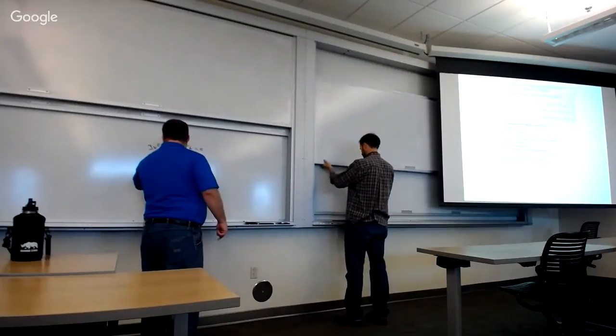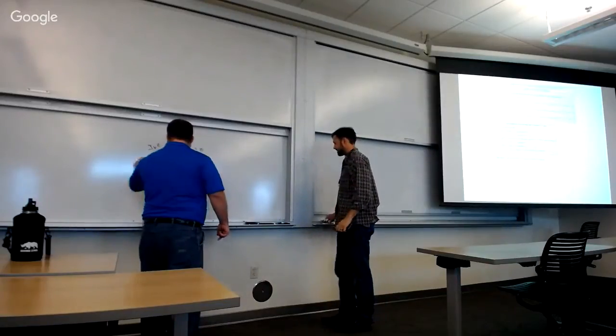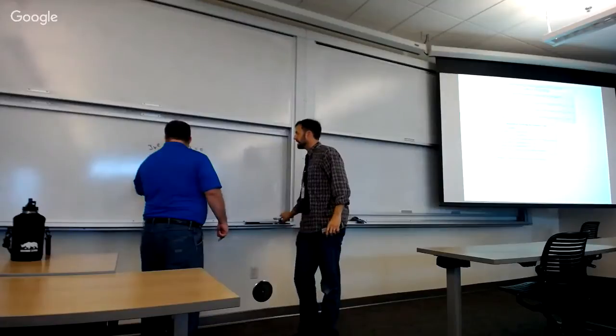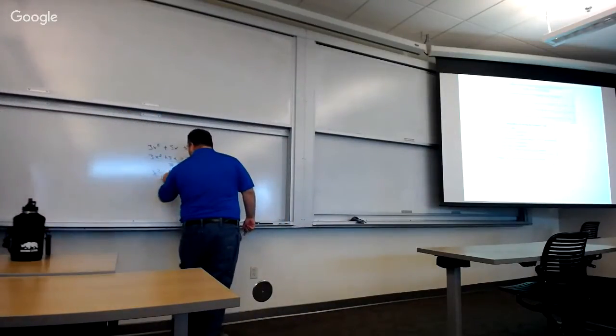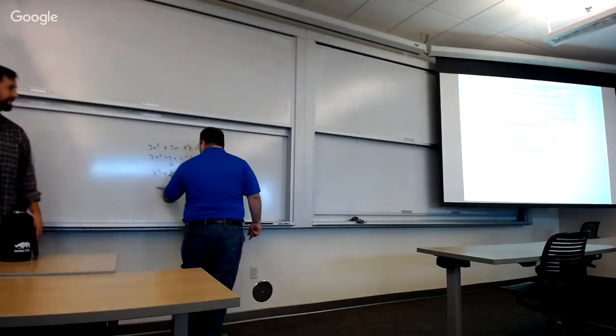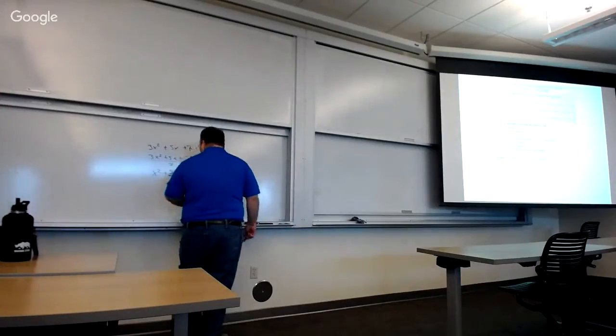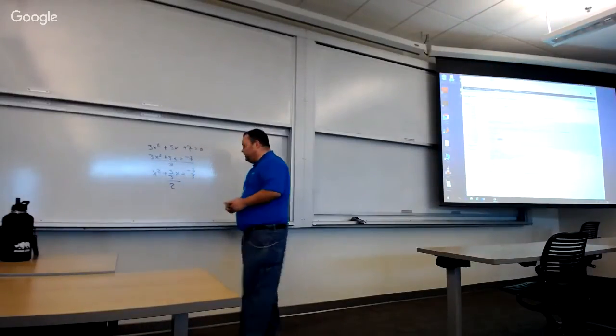So 3x squared plus 5x equals negative 7. I divide all that by 3. Then I have x squared plus 5 thirds x equals negative 7 thirds. From there I just divide this coefficient by 2. That's awesome, Lee. Basically if you do that, it's just easier to rock.